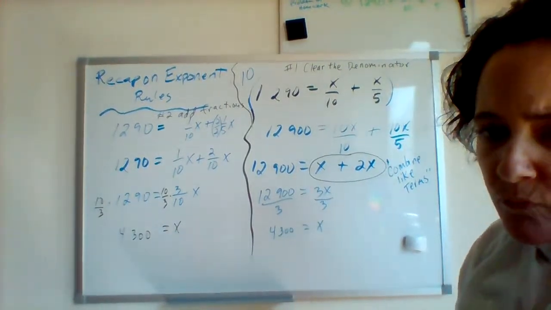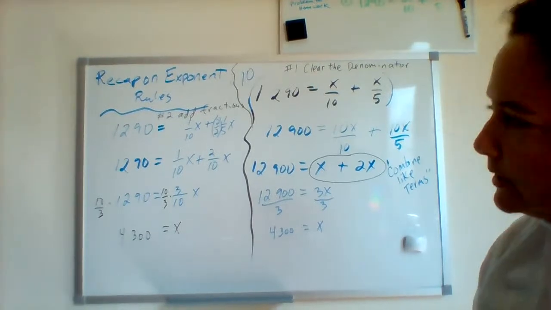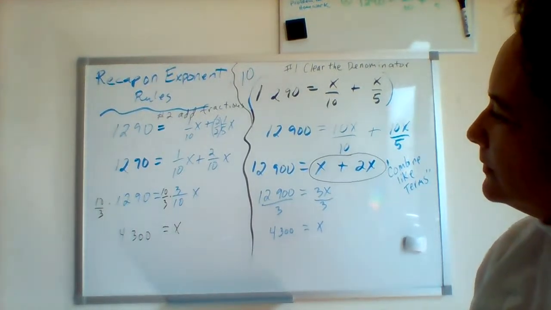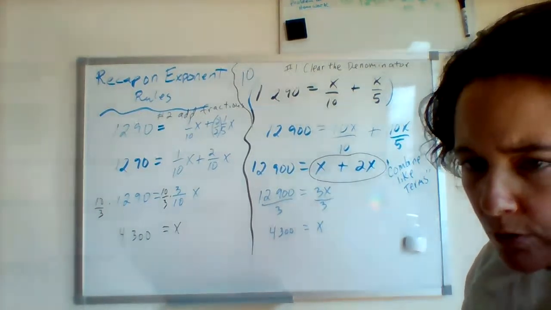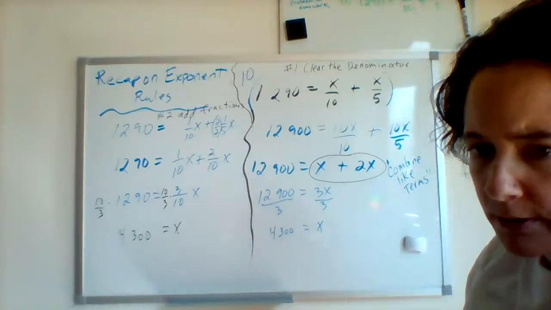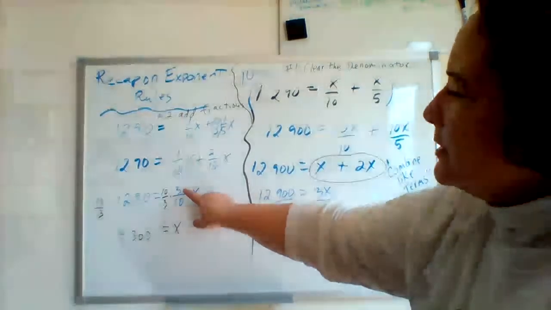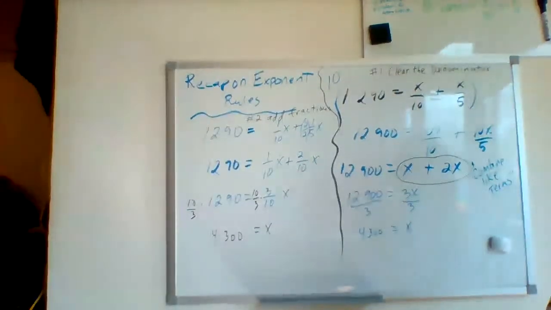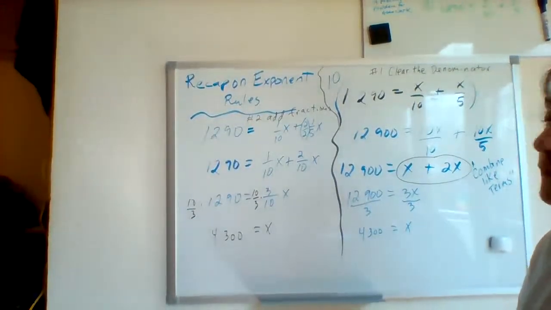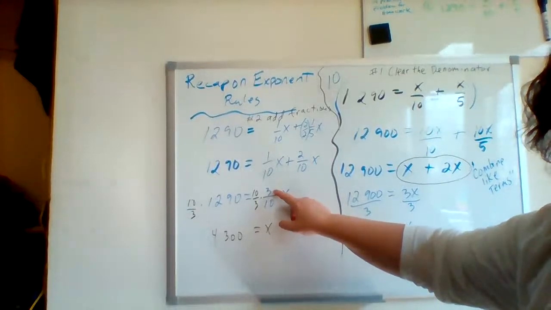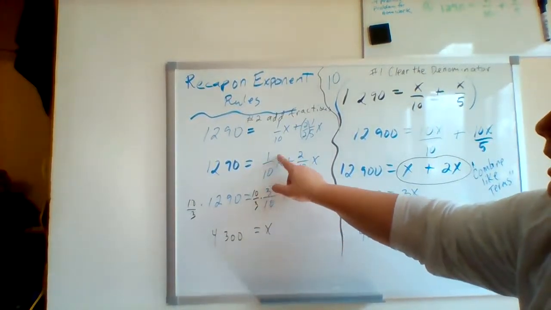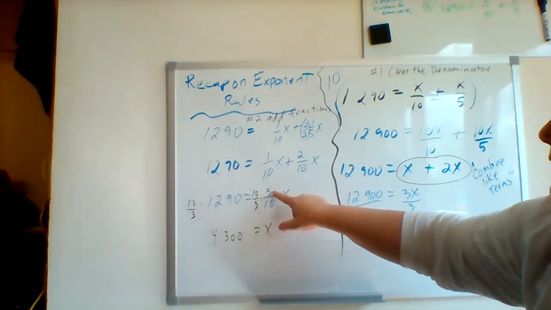Let's see. It says on the second one. What does that mean? Where you get the 3 on the second one. So are you referring to this 3 right here? If you're referring to this 3 right here, I get it from the same spot I got it from the other one. 1 plus 2 is 3.